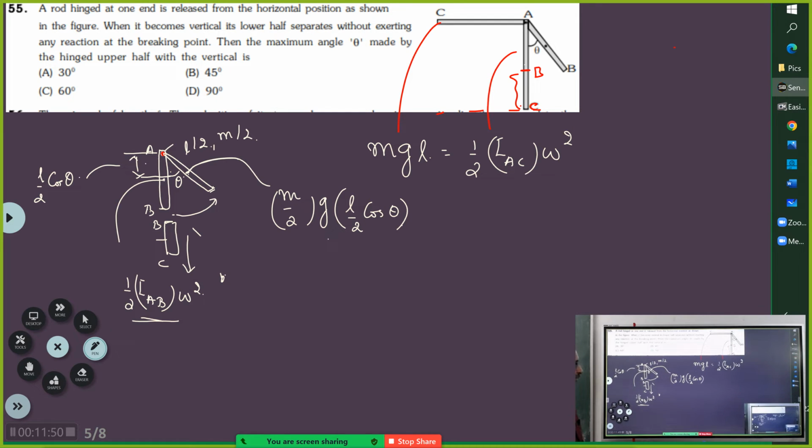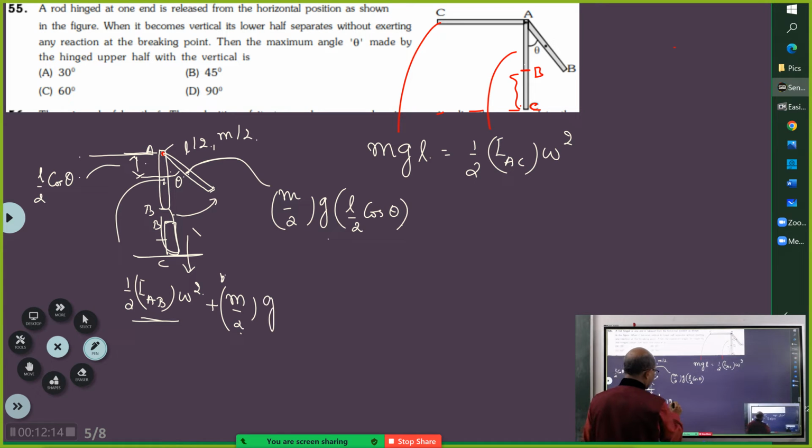Are you sure? Sir, there will be some potential energy. Yes, I want you to say there will be some potential energy, because you are taking the reference at this point and you have written the equation, isn't it? So therefore, this kinetic energy plus what is the potential energy of this? M by 2, if you take the center of mass, this point, g into what is the height of this from here?